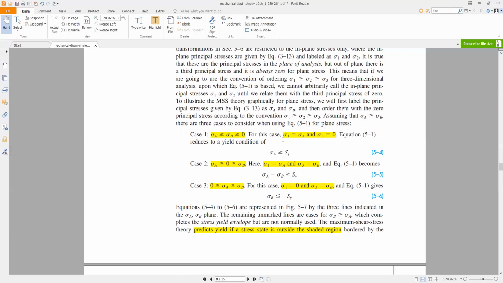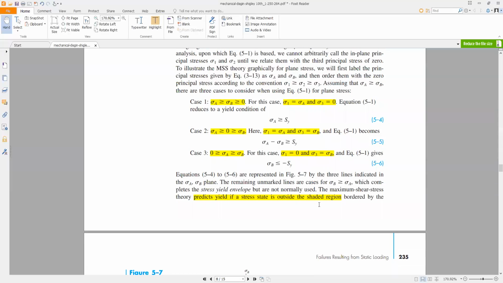So stress 1 equals stress A, stress 3 equals 0, and stress 2 equals stress B. In case 2, one is positive and one is negative, so stress 1 is stress A and stress 3 is stress B. In case 3, if stress A and stress B are both negative, this case happens. These are the three criteria. That means all the values that you get from the part for stress A and stress B, we convert into principal stresses for calculation.